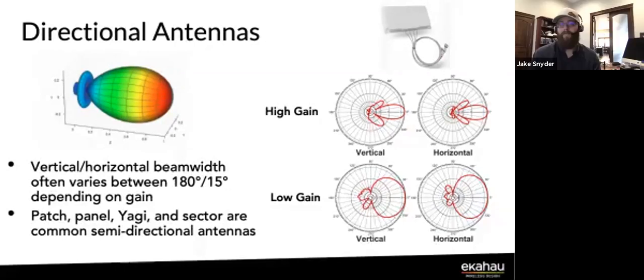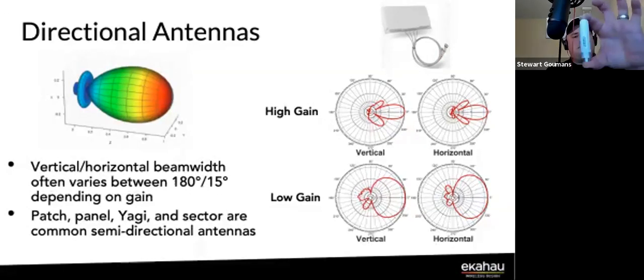Yeah, so monopoles fit in the omnidirectional category, but they're nice in the fact that they use something as a ground plane, and that ground plane gives them a shape that's a little more skewed in the direction away from the thing they're connected to. Some might call it down tilt. I have one right here on camera.